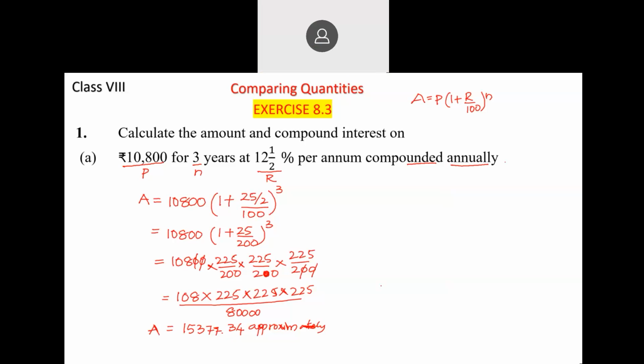Now to find the compound interest, compound interest is amount minus principal.